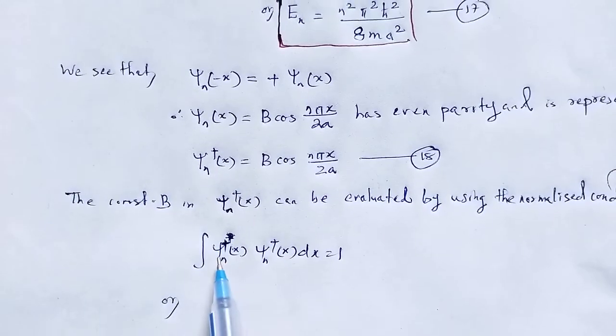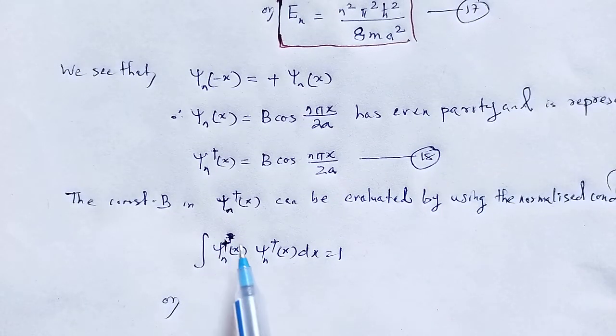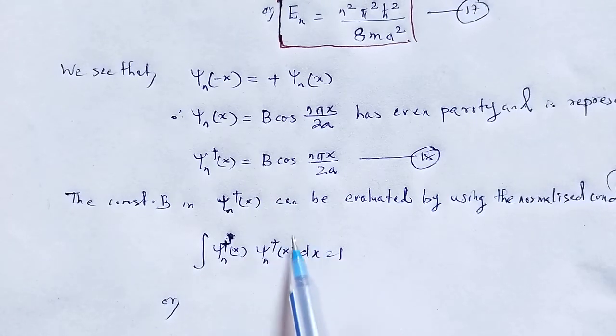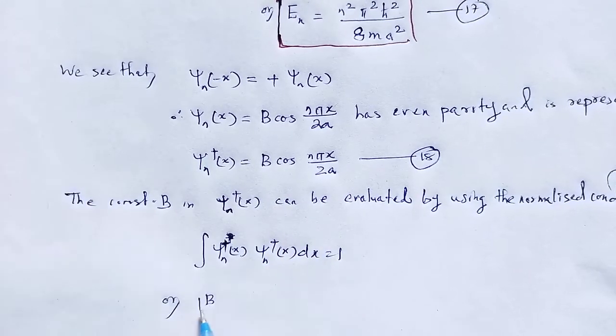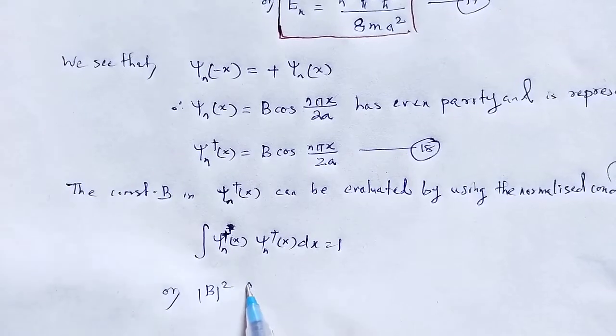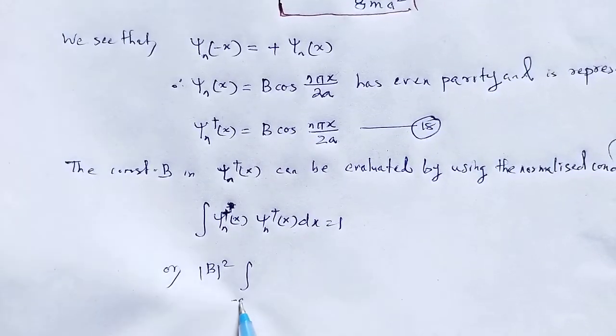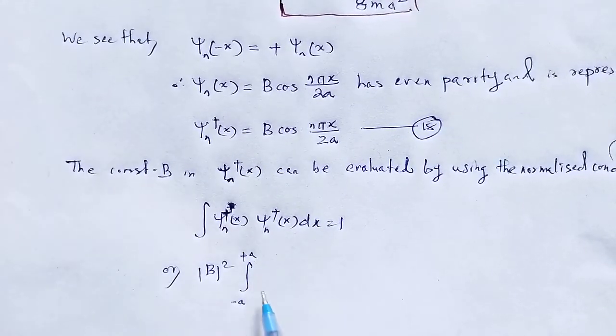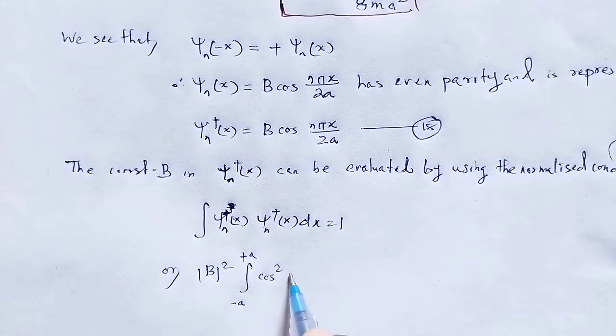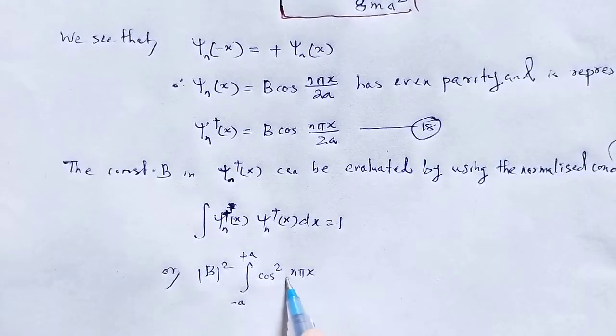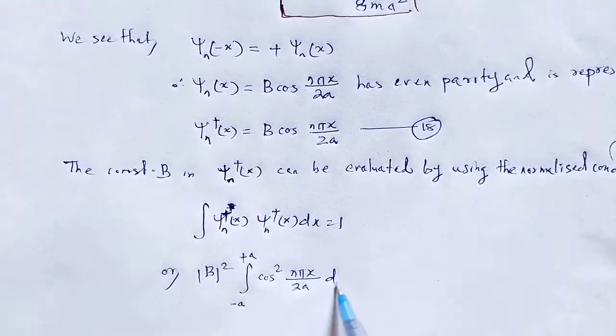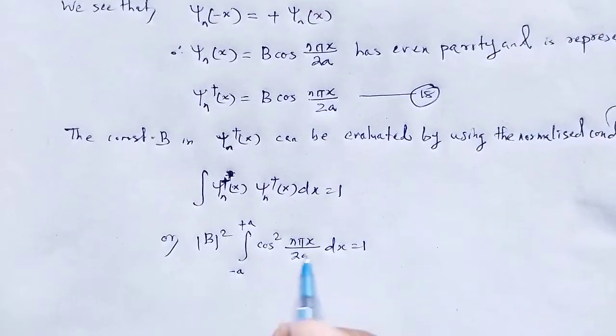Therefore the value of psi n plus conjugate, that is b, and here also b, gives the magnitude of b square, and the integration from minus a to plus a of cos square n pi x by 2a dx is equal to 1.